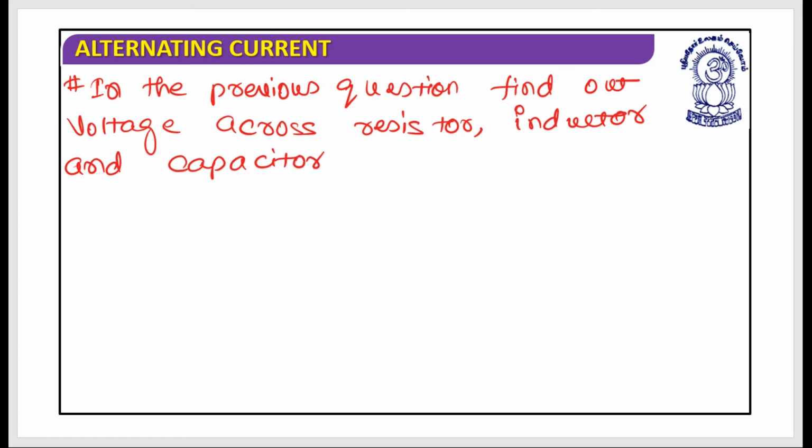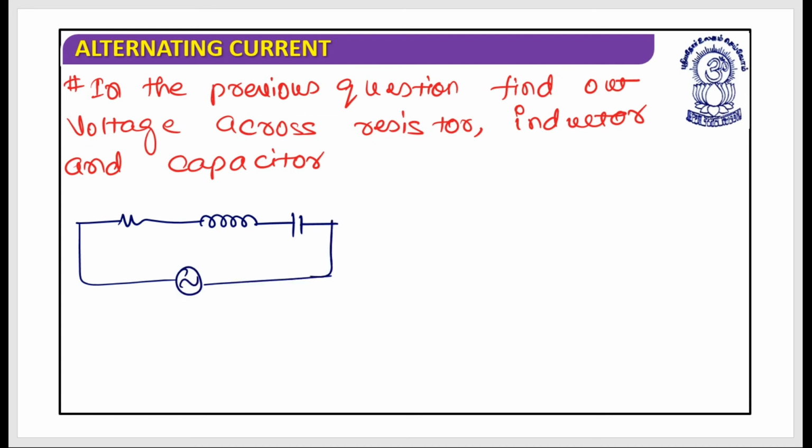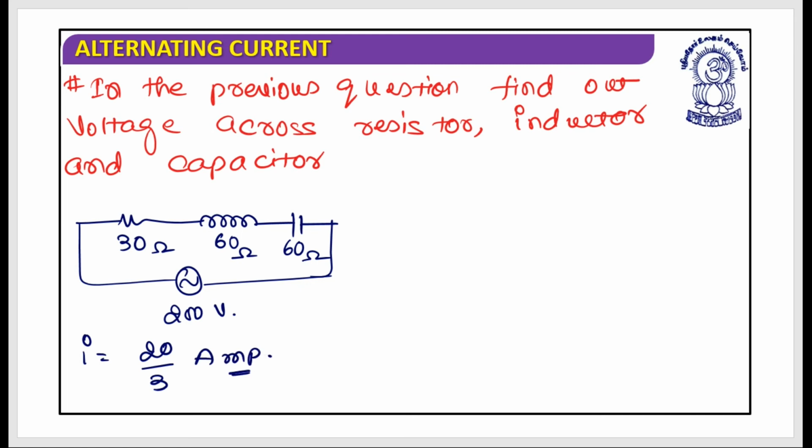So this was the circuit. Let me redraw this. This is the inductor, this is the capacitor, and the supply is there, and this will be 200 volt that we have derived. It's 30, it's 60, it's 60, all in ohms. So this is the situation, and I have calculated the current, which was 20 by 3 ampere. Now I want the voltage across the resistor.